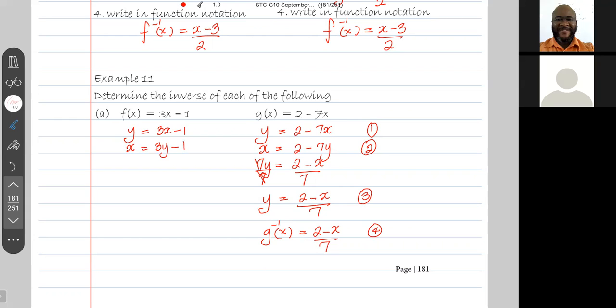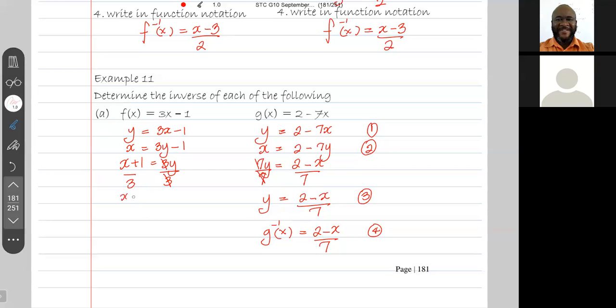Now, step 3 is to make y the subject again. That means I need to have y by itself on one side. So we're going to carry over the minus 1. We have x plus 1 is equal to 3y. Negative 1 on the right goes over to the left and becomes positive. Then I divide the entire equation by 3, because remember, I need y by itself.